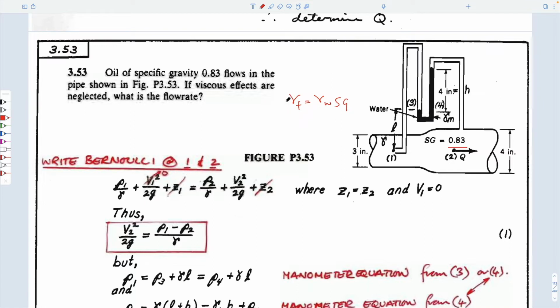And so we have ability to get this because we know that water is in the tube, but the other stuff in this pipe is going to be the flowing fluid, right? The white fluid in this particular case. And so what do we do? Well, we can write Bernoulli for that particular case. If we write Bernoulli between points 1 and points 2, you can see, yeah, you can see.